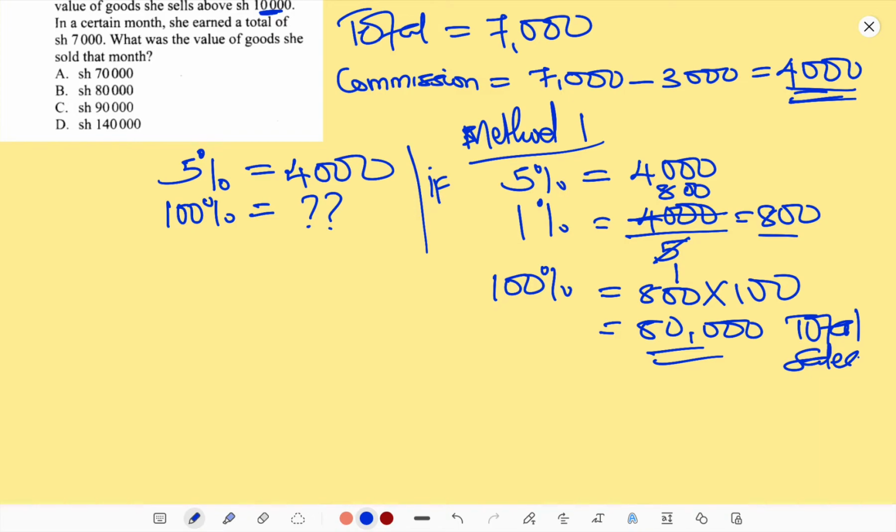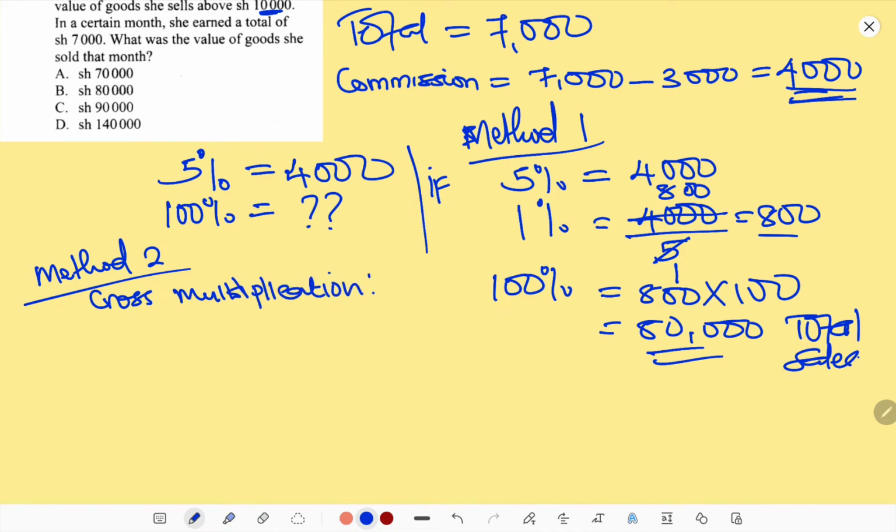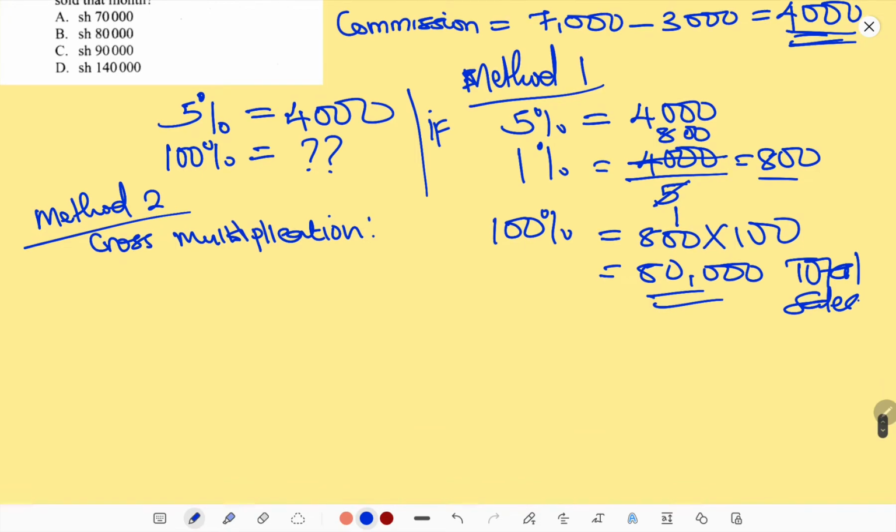The second method of getting 80,000 is called method 2. We call it the cross multiplication. It is much easier, but you have to be very careful on how to do it. So you have 5% over here. This is equal to 4,000.